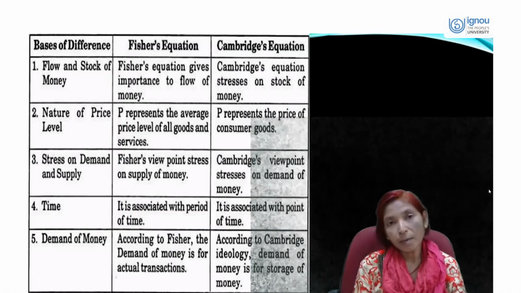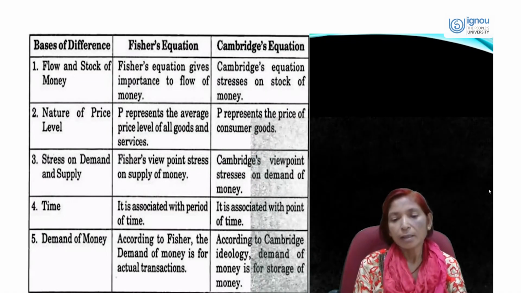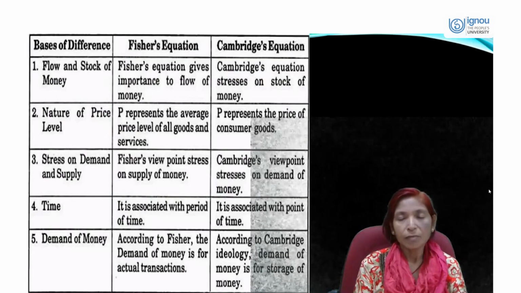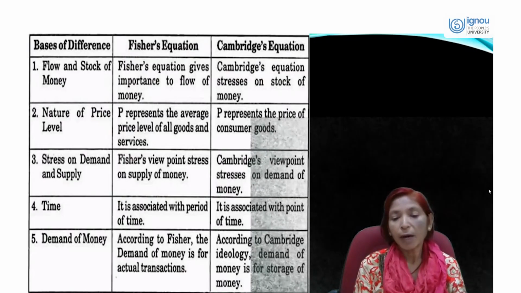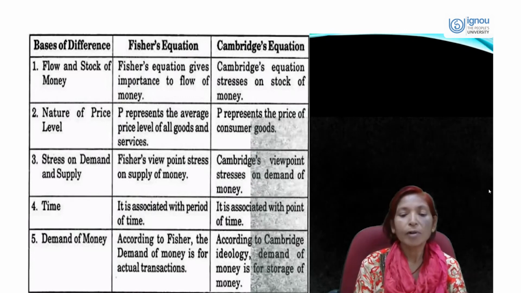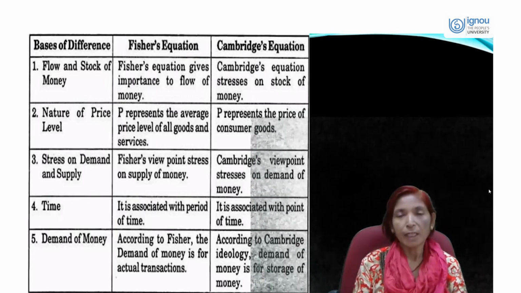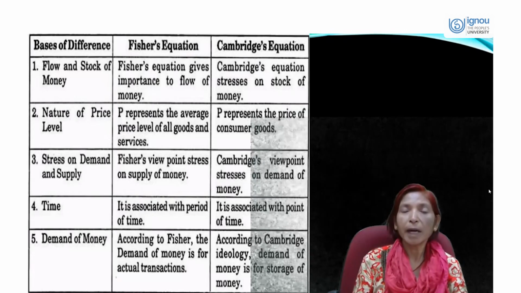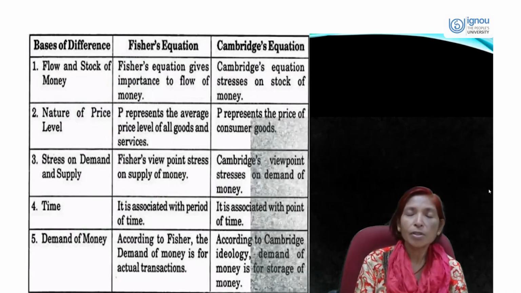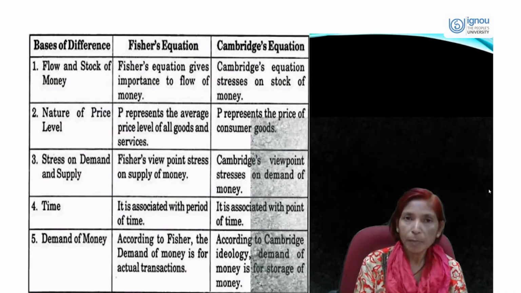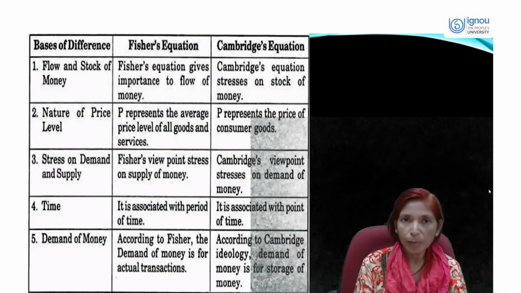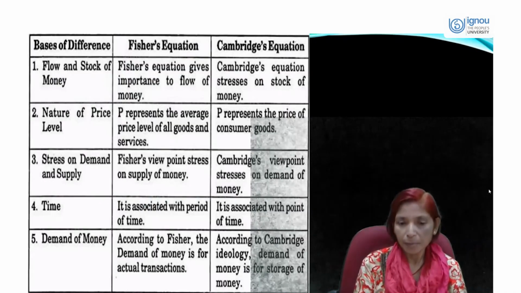But according to Cambridge University economists, whose main ideology is based on the demand for money for storage of money, people can demand money for storage, for precautionary purpose, and for speculative purpose, not only for transaction purpose.